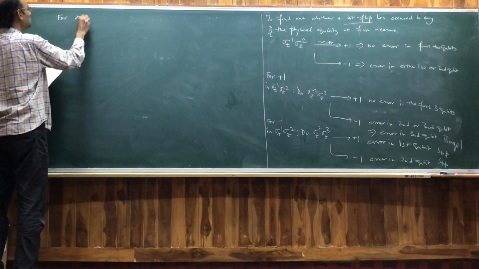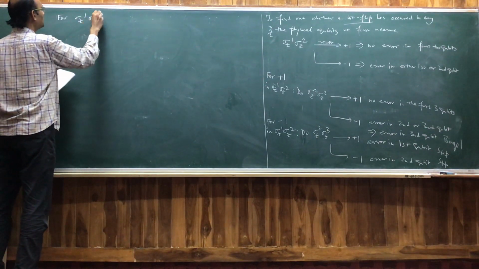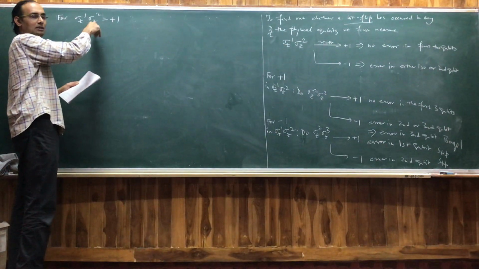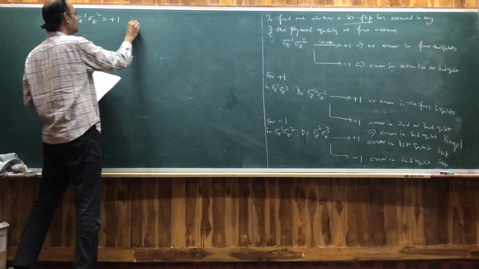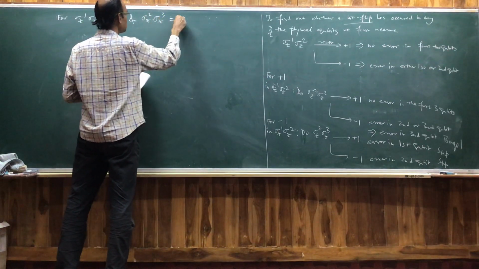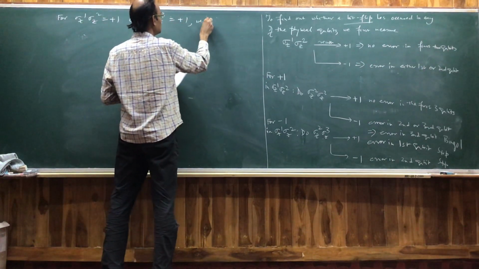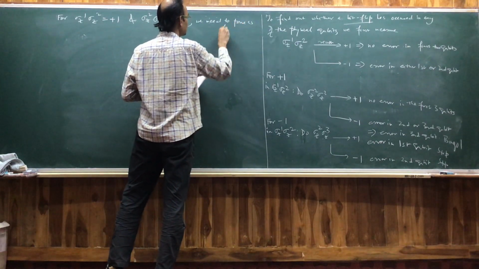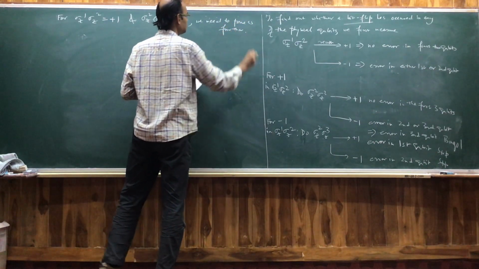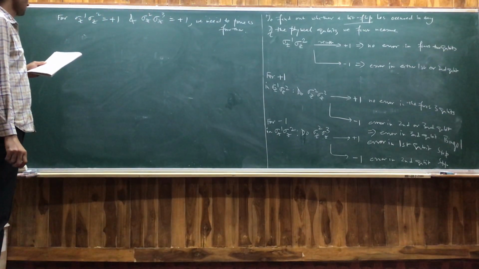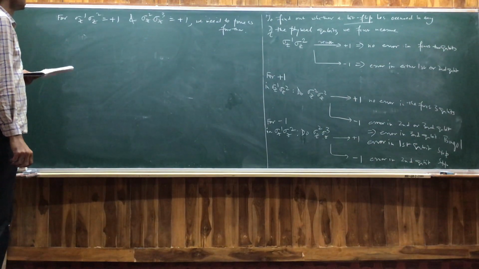For sigma z1 sigma z2 equal to +1, I mean equal to in the sense that in the measurement you get +1, and sigma z2 sigma z3 equal to +1, we need to proceed.